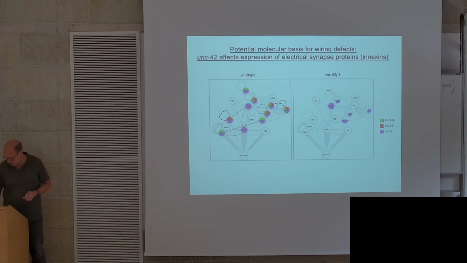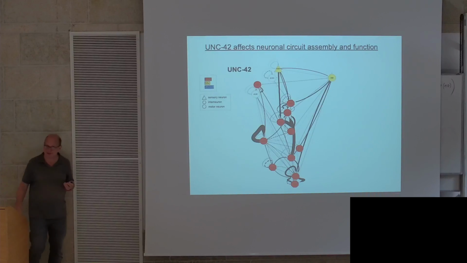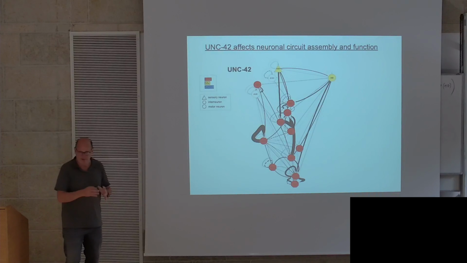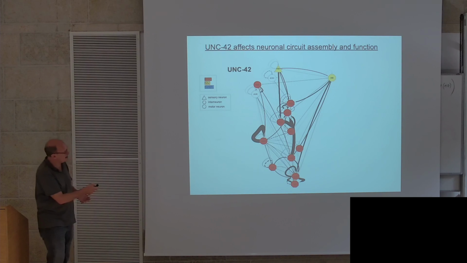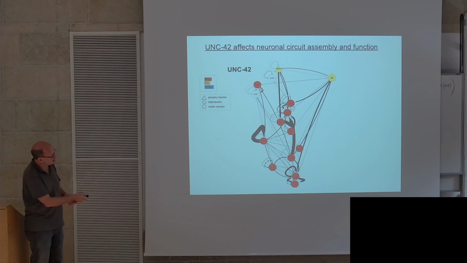So now things get complicated, and I hope some of you may enjoy that. Of course, the following question arises. At first I was talking about combinatorial codes, and now I'm suddenly going to single genes. I'm telling you that this single gene specifies circuitry here, but these are different cells, right? UNC42 is required for all of them. If this were a class, I would ask you, well, how do you get different cell types within the circuit?